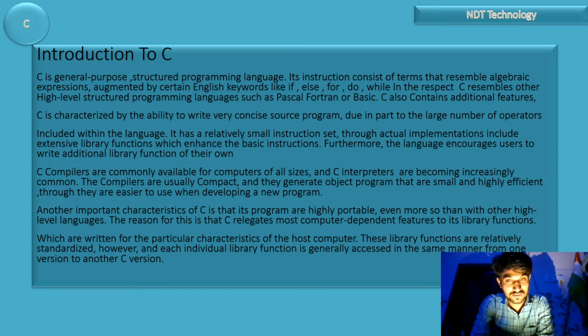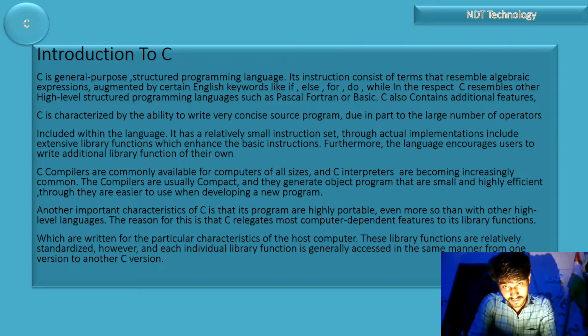C is a general purpose structured programming language. Structured means that before writing any C program we have to memorize the structure of a C program. That's what a flowchart is. A flowchart is also mandatory for any C programming language because it is general purpose and much easier to understand. Its instructions consist of terms resembling algebraic expressions, augmented by certain English keywords like if, else, for, do, while.